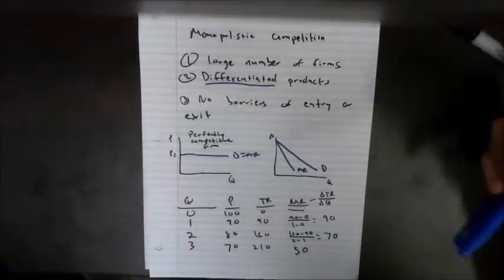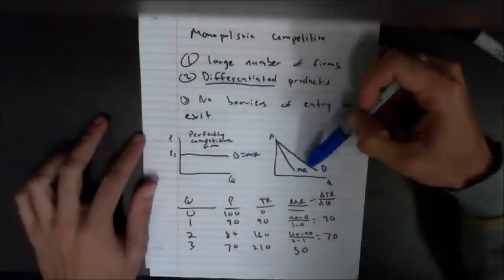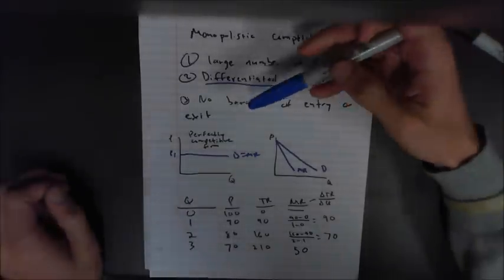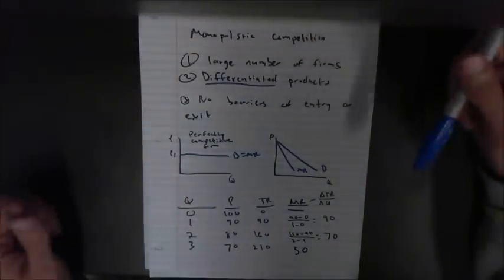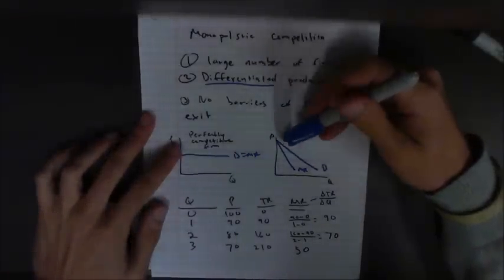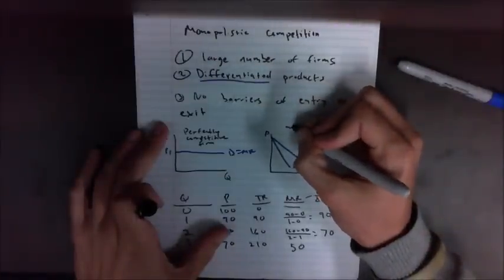Why? Because again, this product is different somehow. Maybe this firm advertises, or maybe this product is more innovative than other similar products. Maybe it's the location, maybe it's just loyalty. These are all reasons why this demand curve here is downward sloping for this monopolistically competitive firm.